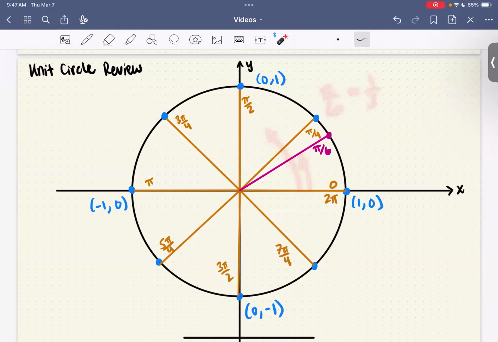That's going to put me somewhere up here, and this will be the angle pi/3 from the positive x-axis. And then if I had 3/6, I would be at 1/2, so I'm here. Then 4/6 would be somewhere here, 4/6 of the pi.